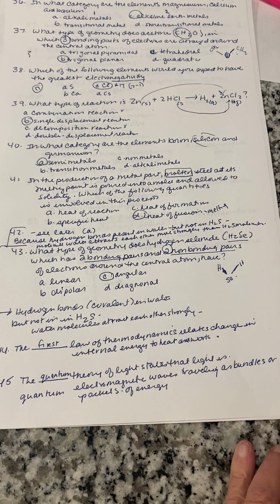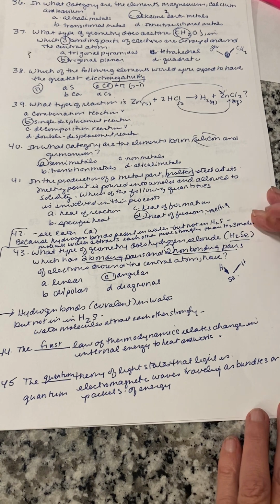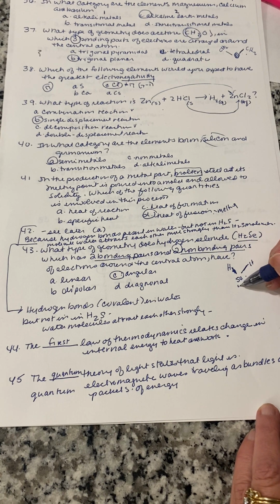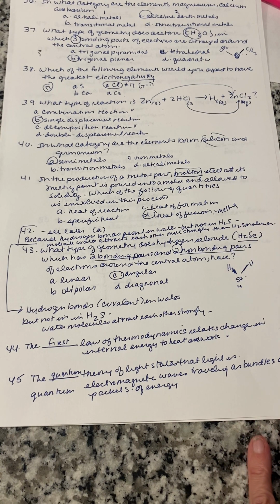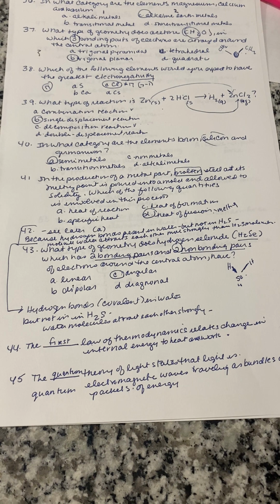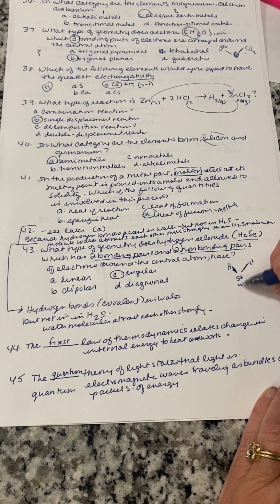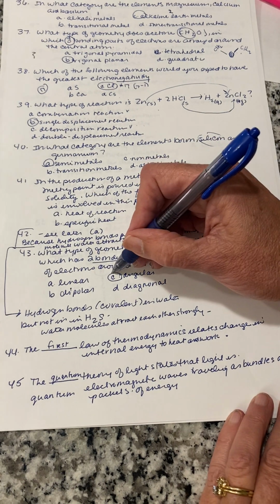What does this look like? It looks like water, doesn't it? And what does water have? Well, it's not going to be linear, it's not in a line, because it has 2 of these up here like that, so it's going to be very polar, but it's not dipolar, so it's going to be very angular, because it basically is pulling these out to the angle, so it's going to be angular.